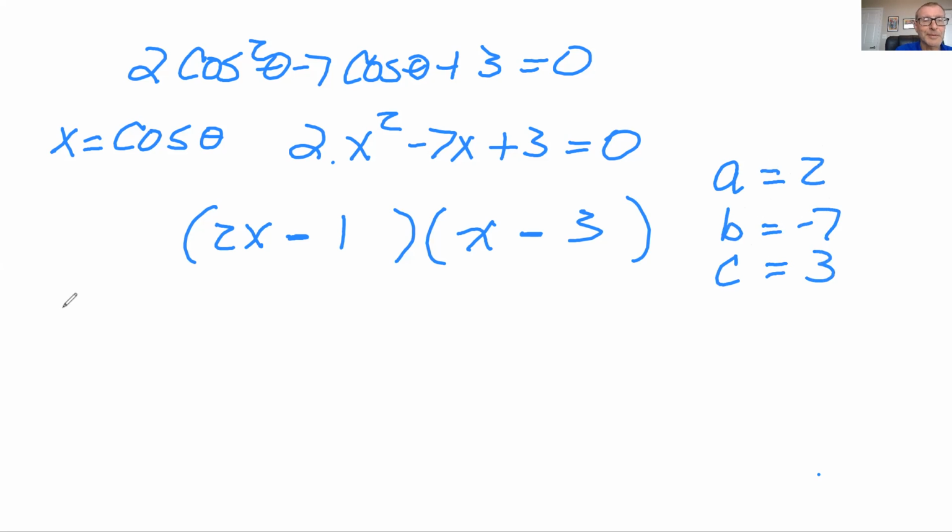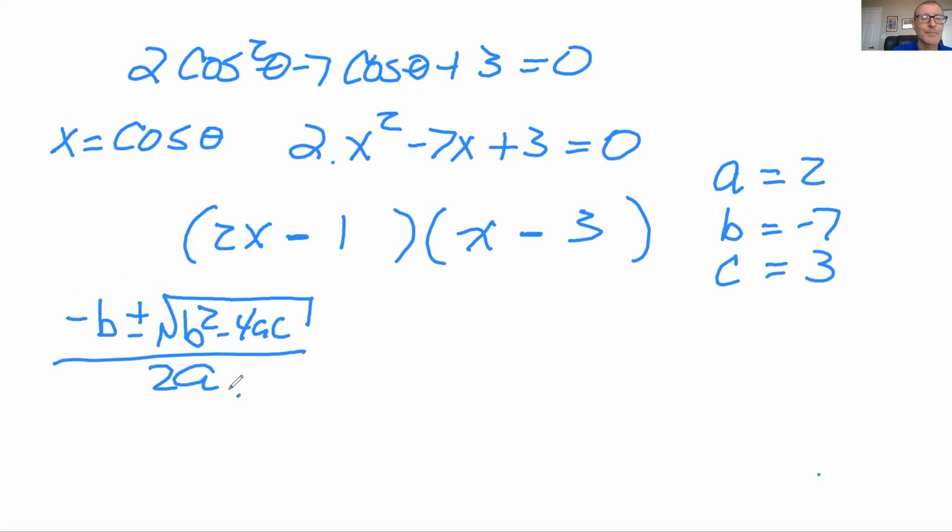And the quadratic formula is, try again, negative b, and then plus or minus the square root of b squared minus 4ac all over 2a. So you could solve for these values, and these are going to be the factorization forms that we have up there.